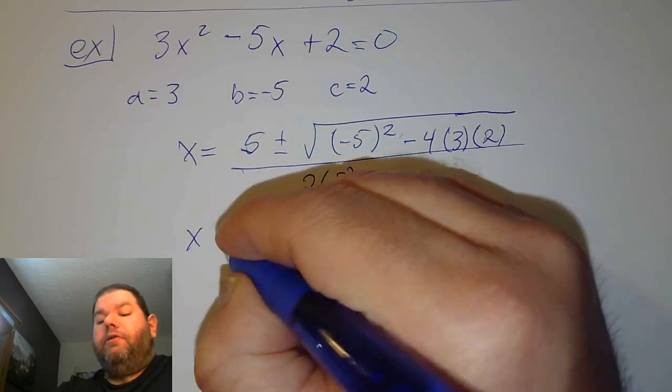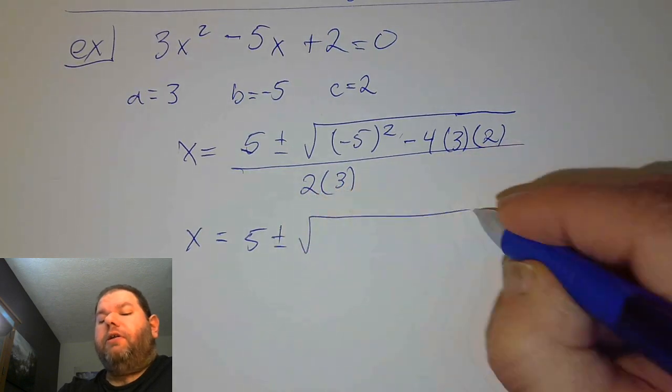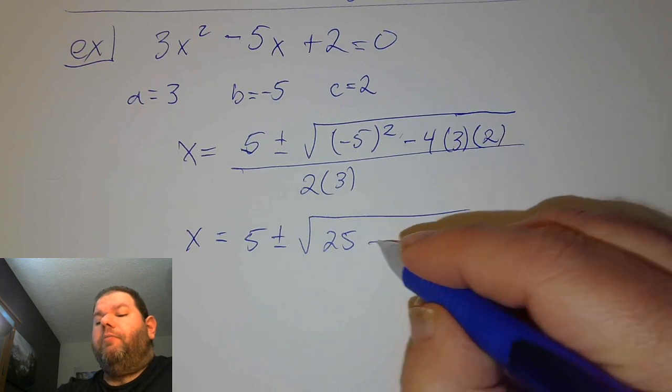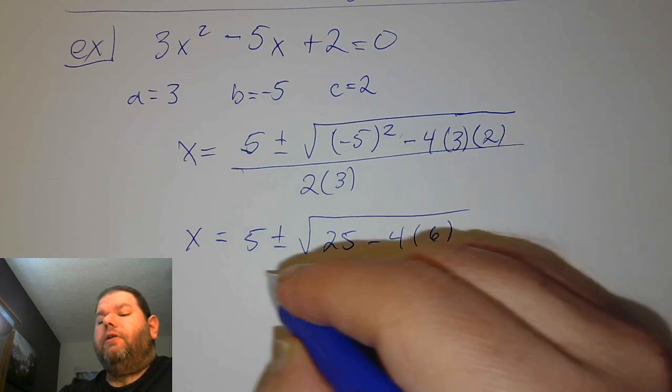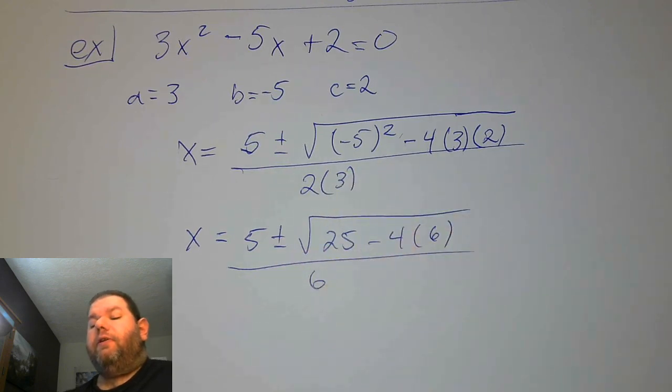So from here, I'm just going through and doing a bit of simplifying. Negative 5 squared we know is 25, minus 4, and then 3 times 2 is 6. And on the bottom, 2 times 3 is 6.